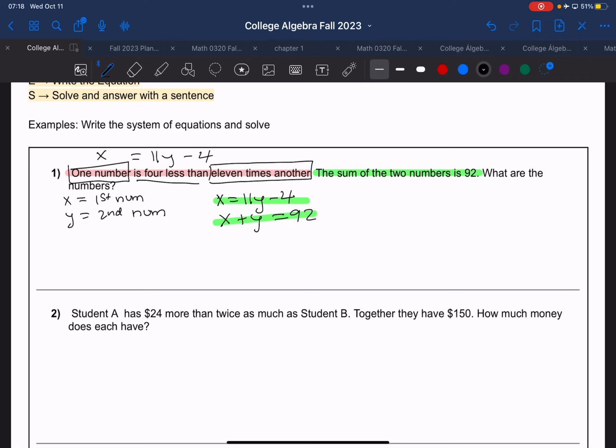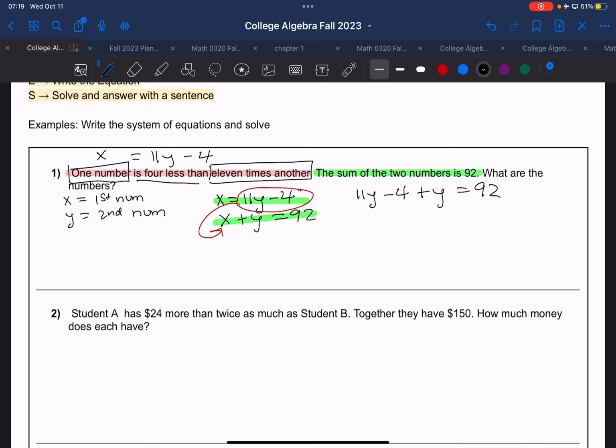Good. We already have a variable solved, so we're going to take that 11Y minus 4, so this right here, and we're going to plug it into this X value. So that means we have 11Y minus 4 plus Y is equal to 92.